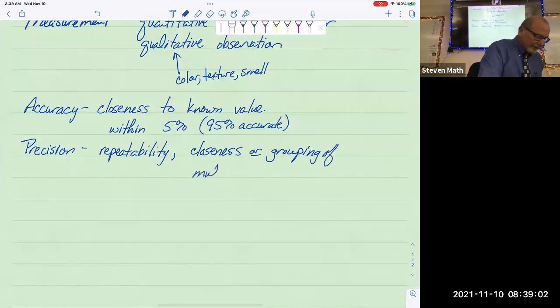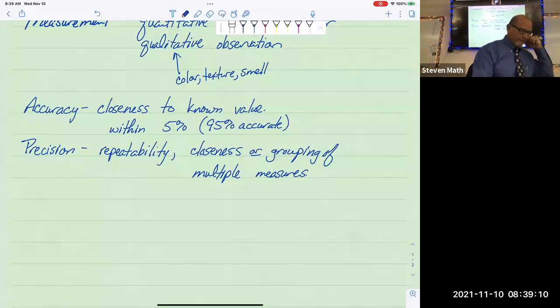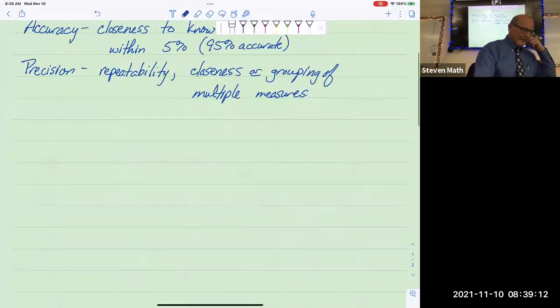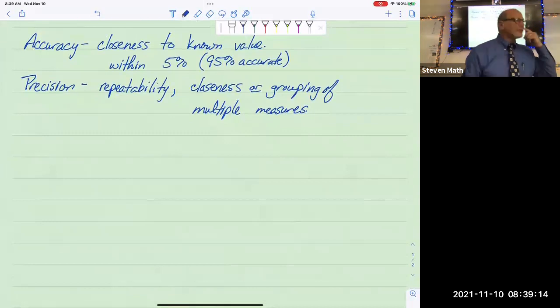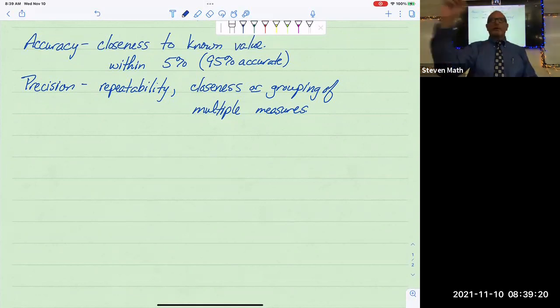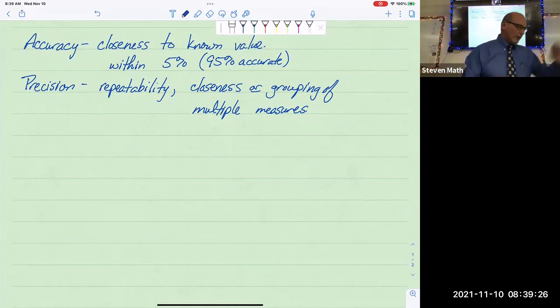The key here is you got to have multiple measures. And we could talk a lot about real life things and precision, people shooting free throws. I am sure if you have a chemistry book, there is a picture of a dartboard. There will be no dartboard questions on the quiz or test. That much I do know.